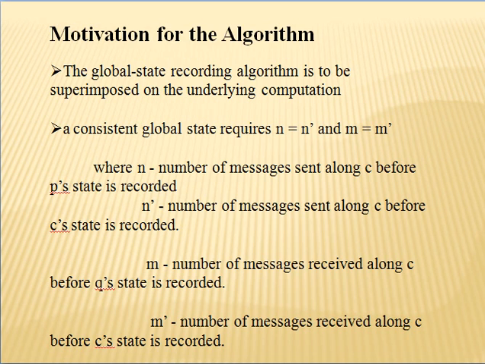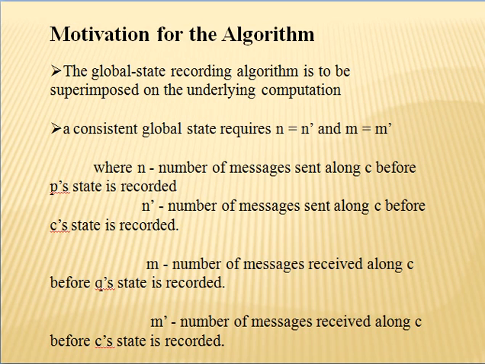For a consistent global state we require the number of messages N equal to N dash, and I already told what N and N dash is. We also require M equal to M dash. M is the number of messages received along C before Q's state is recorded, and M dash is the number of messages received along C before C's state is recorded.